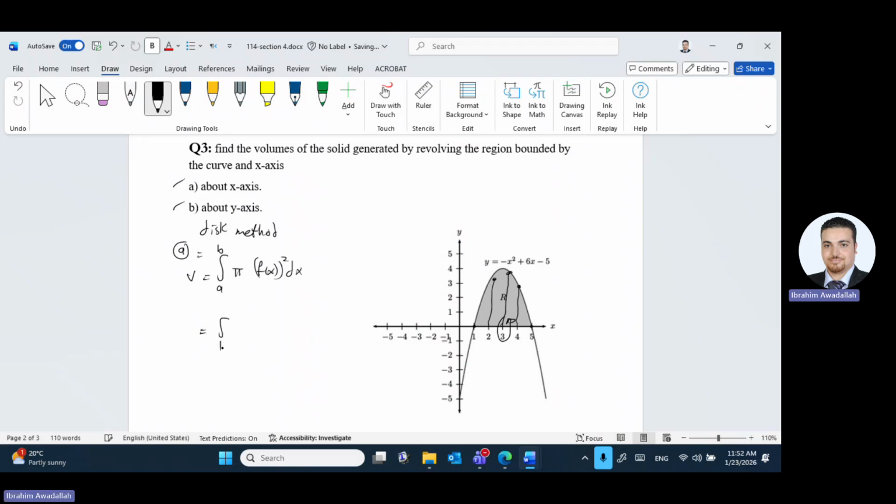My start point is 1, my end point is 5, pi, and my function is minus x squared plus 6x minus 5, squared, dx. I believe this will be a very easy question. Since I have a start point and an end point, my revolving on the x-axis is like this, so almost like this.